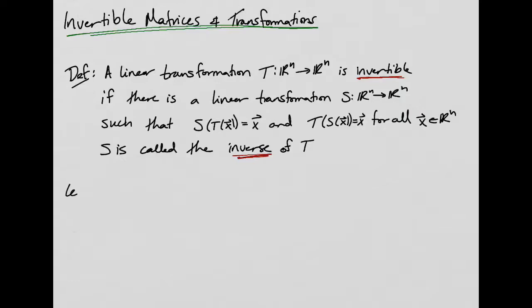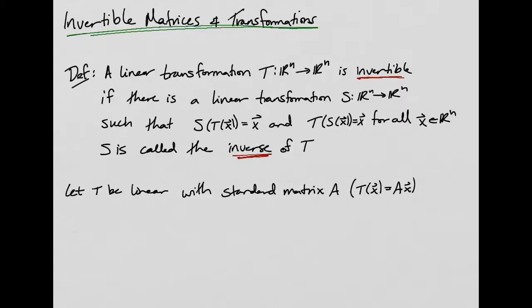Now there's a nice relationship between invertible matrices and invertible linear transformations. So let's say T is a linear transformation and it has standard matrix A. And remember what that means. Having a standard matrix A just means T of X is defined to be A times X. And in this case, let's also assume that A is invertible.